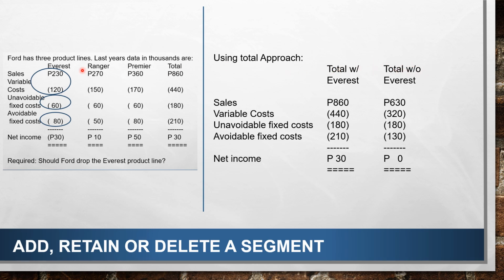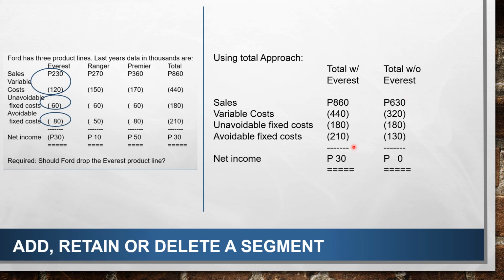As I've mentioned a while ago, unavoidable fixed costs. For total with Everest, we have 180, and the total without Everest will still be 180. Avoidable fixed costs will be, total with Everest, 210, and the total avoidable fixed cost without Everest will now be 130.